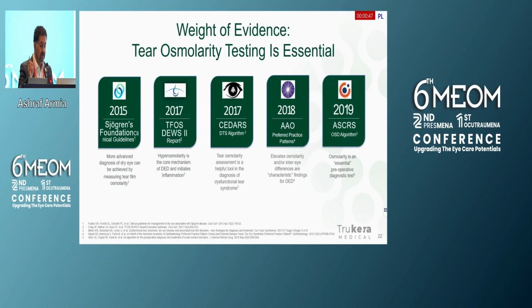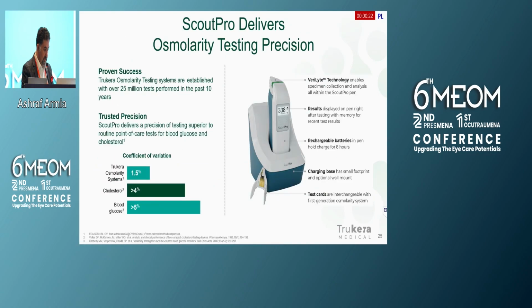In 2016, the CDRC in America said that tear osmolarity assessment is a helpful tool for diagnosis of tear film dysfunction syndrome. In 2018, the American Academy directly said that elevated osmolarity and or increased inter-eye differences. And in 2019, the ASCRS announced that tear film osmolarity is mandatory for pre-cataract and refractive surgery.